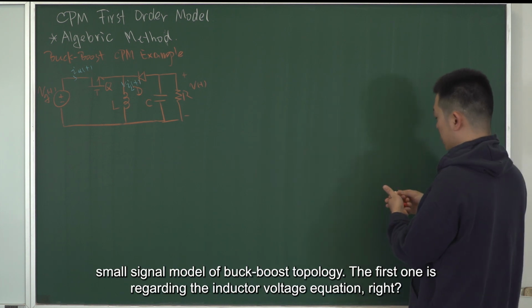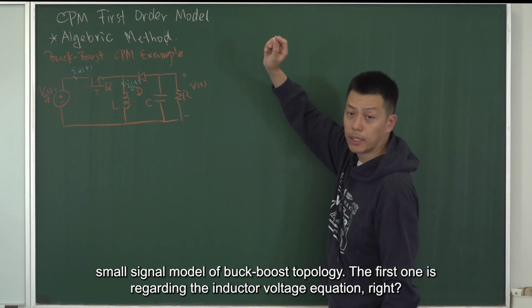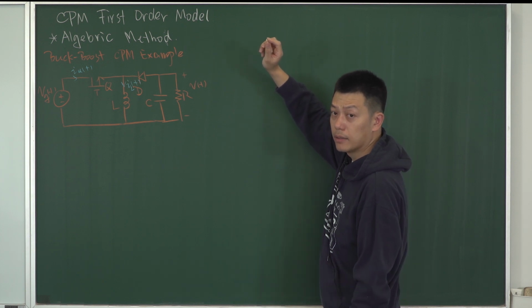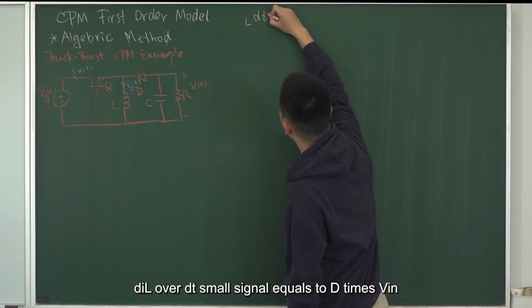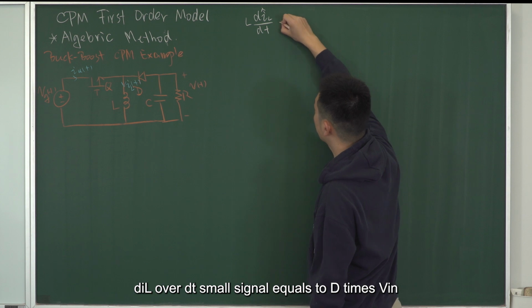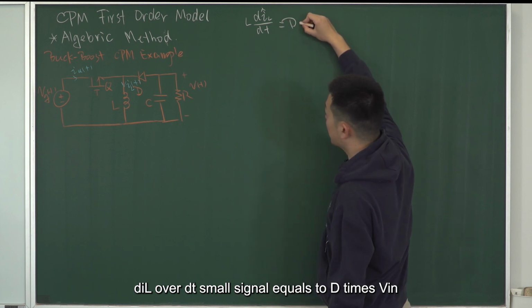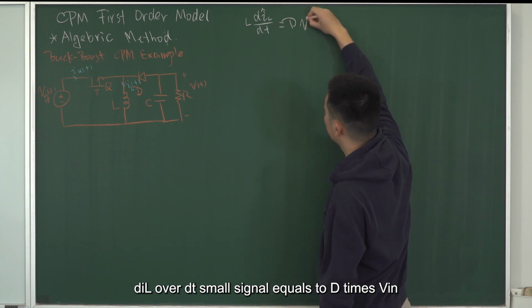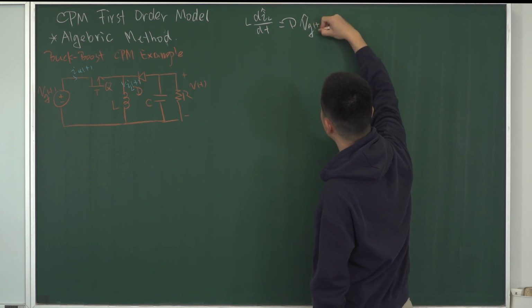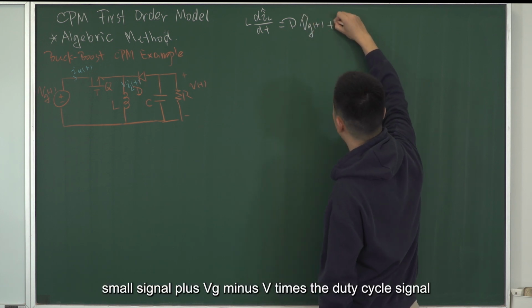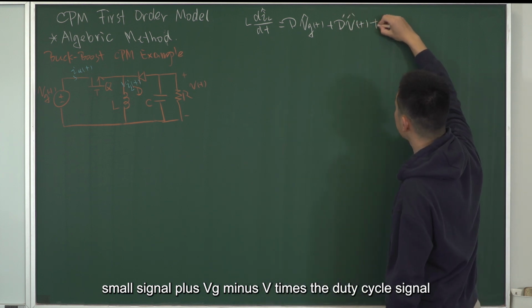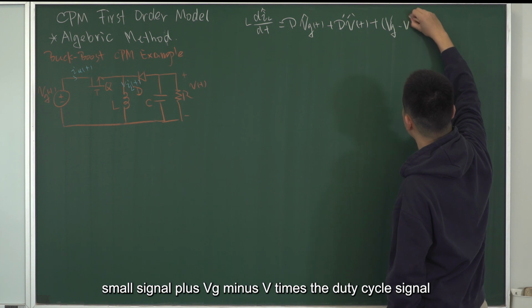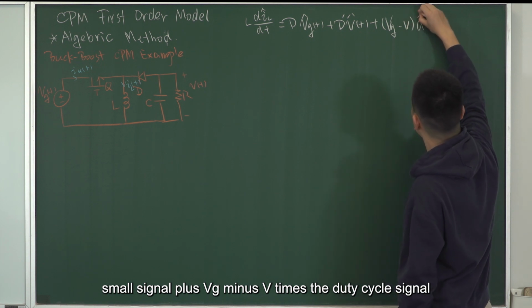The first one is the inductor voltage equation: L times dIL over dt, small signal, equals D times the input voltage small signal, plus D prime times the output voltage small signal, plus (Vg minus V) times the duty cycle small signal.